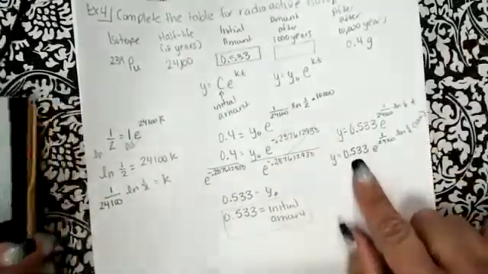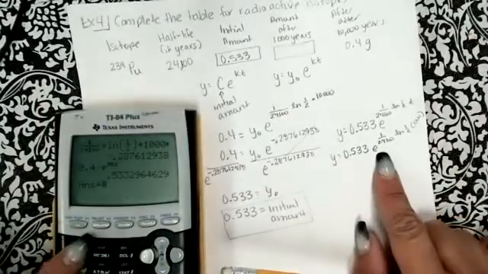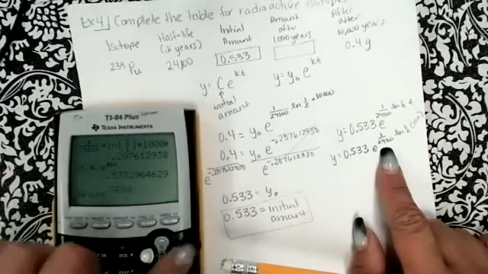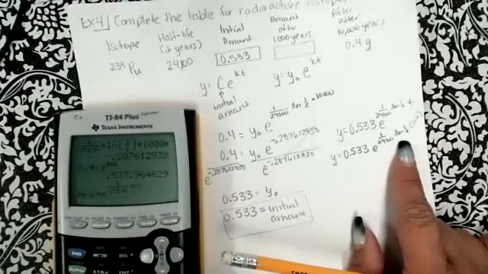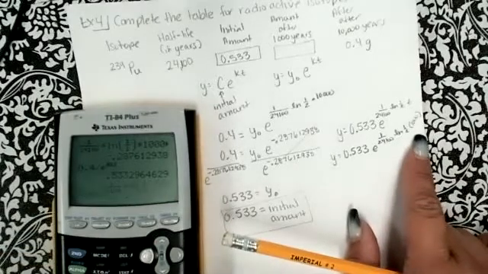Now that number is already in my calculator, so I'm going to leave it there. So now I'm going to hit times e. Now there's my exponent. I'm going to put my fraction in: 1 over 24,100 times natural log of 1/2 times 1,000.